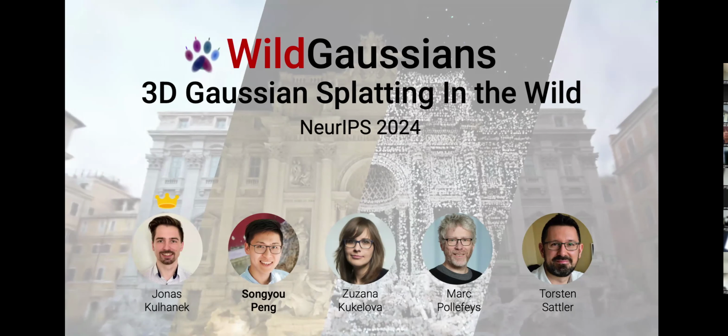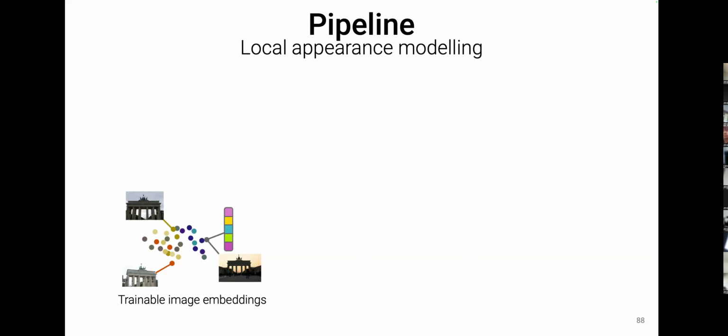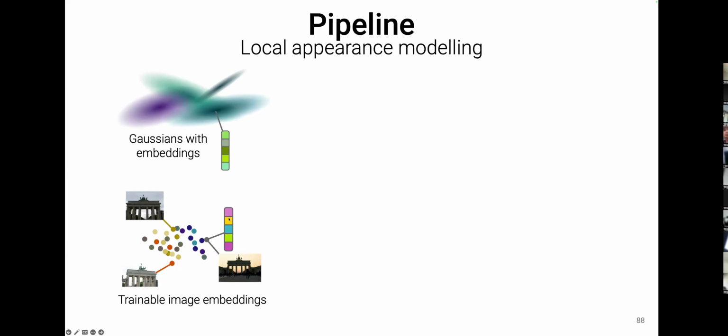Yeah, it's a work accepted to NeurIPS. So again, I won't go into detail because it's sort of similar to NeRF on the Go in some parts, but this part is actually different, as you can see. So what we do is that first we assign for each of the images a trainable embedding, right? And then we augment each of the Gaussians with another embedding as well, this local primitive-based per-Gaussian embedding.